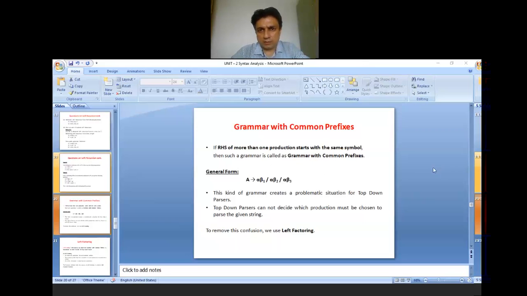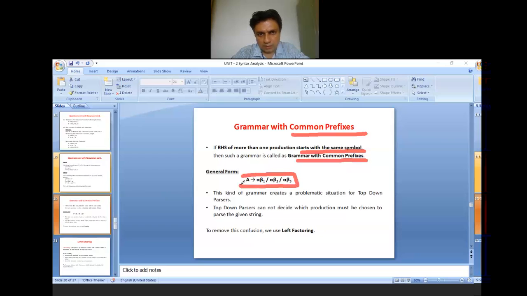So let's start today's class with the new topic, left factoring. If the right hand side of more than one production starts with the same symbol, then such a grammar is called a grammar with common prefixes. This is the general form.